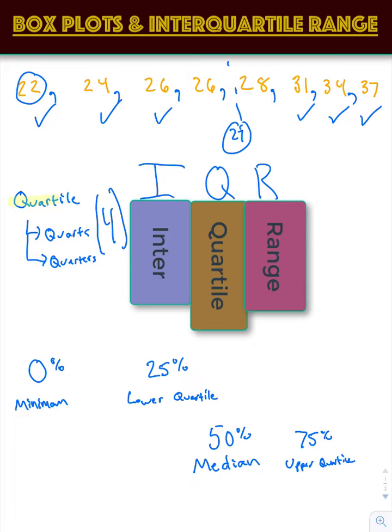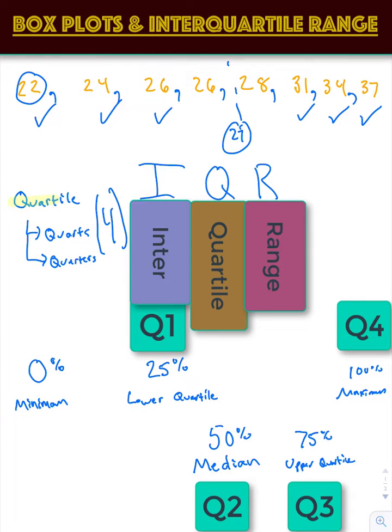So the lower quartile would be on the lower half of the numbers, the upper quartile on the upper half. And finally, and I think you could probably guess this, we have 100% or our maximum. What that means is that this number is bigger than all of our numbers. It's the biggest number we have. In this case, that's 37.